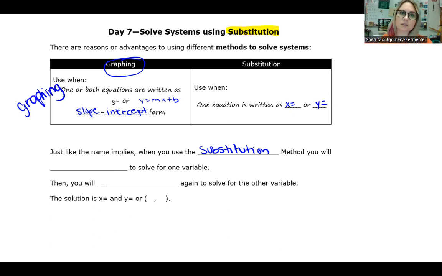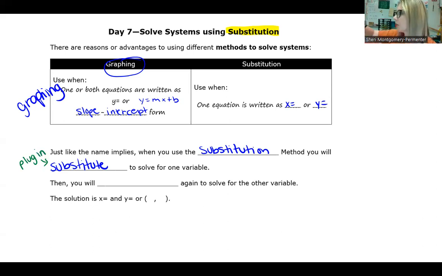So if we're using the substitution method, you will substitute to solve for one variable. Another way to think about substituting, we're going to plug in. That's what we're doing.